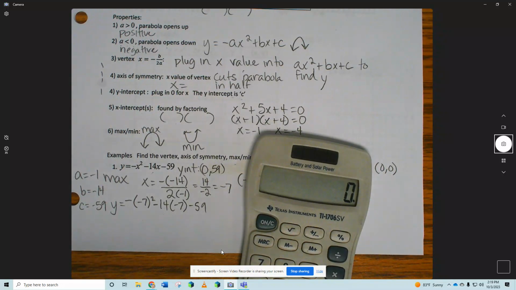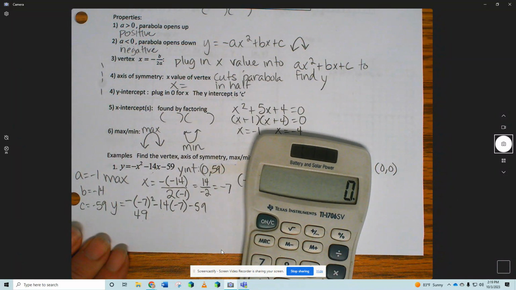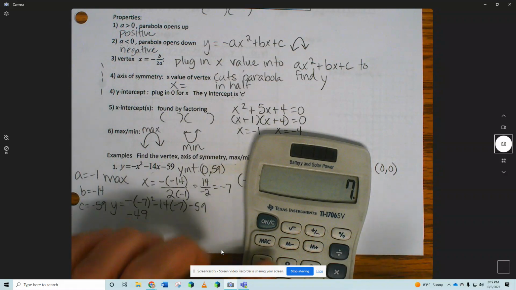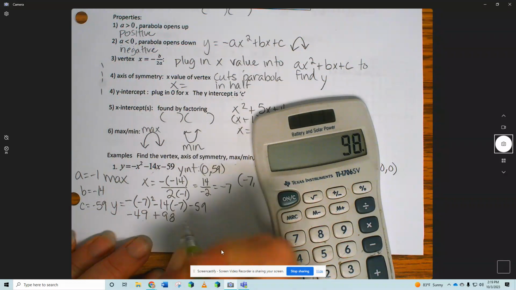Okay, ready? I know that negative 7 squared is 49. I have to do that first, right? Then whatever's in front of it, 14 times 7 is 98. That's a plus 98 minus 59.